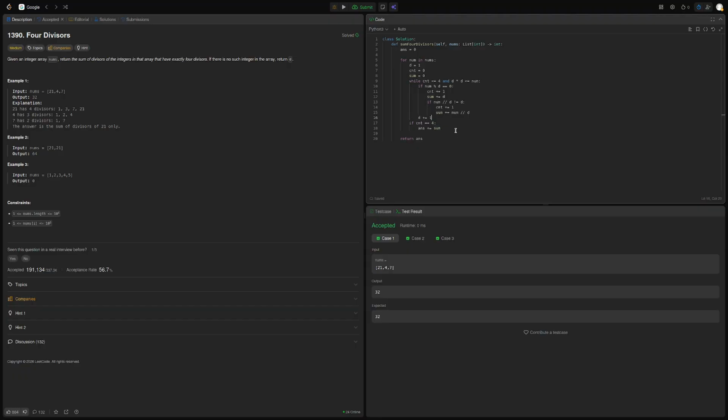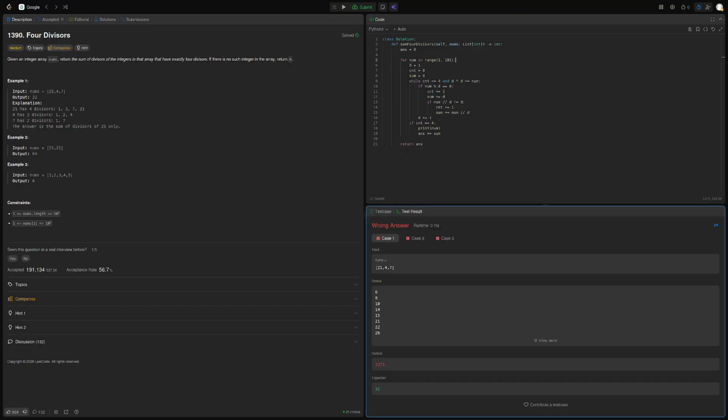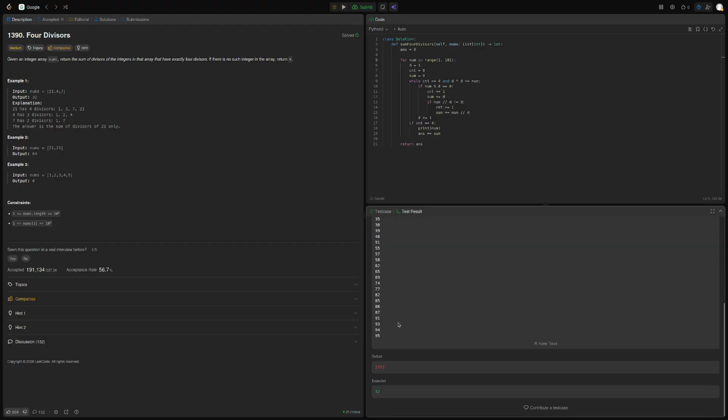Let's see. How about we print all the numbers that have 4 divisors. Let's see. 6, 8, 10, 14, 15.